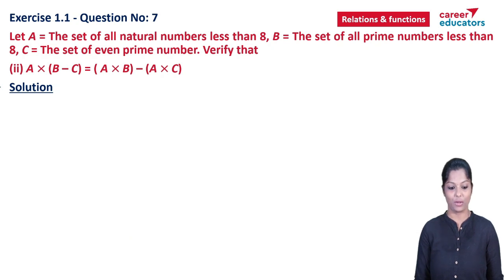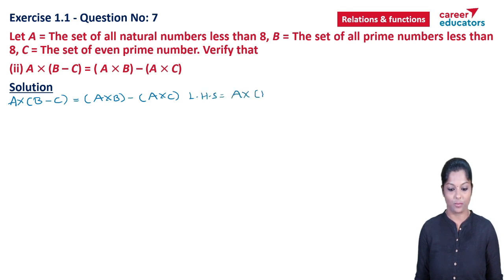In the second subdivision, we have to check whether A cross (B minus C) is equal to (A cross B) minus (A cross C). Consider LHS equal to A cross (B minus C) and RHS equal to (A cross B) minus (A cross C).